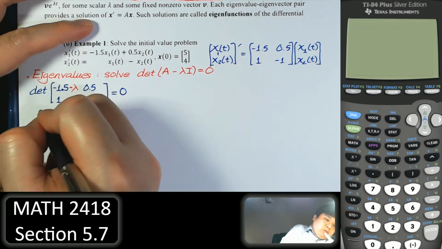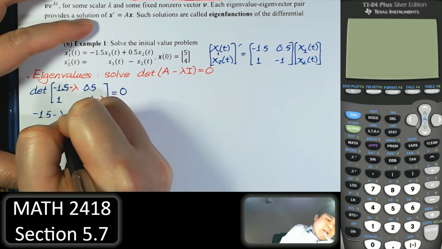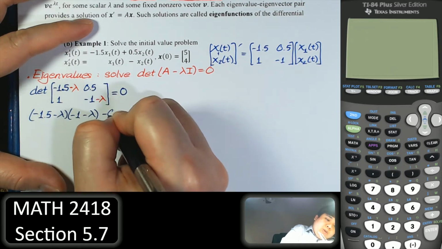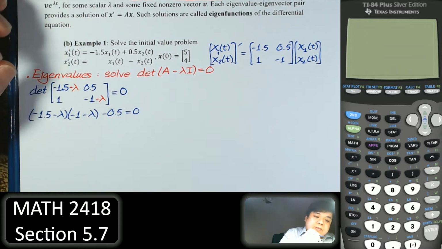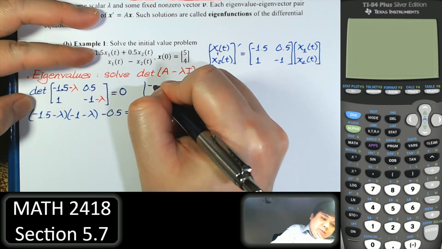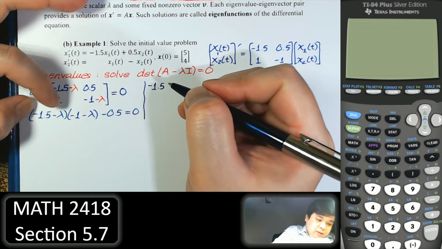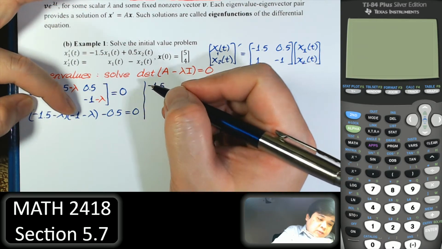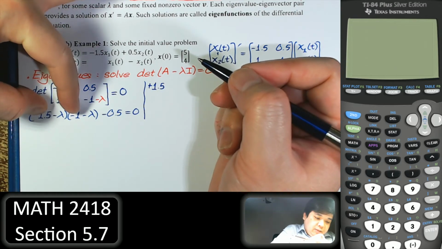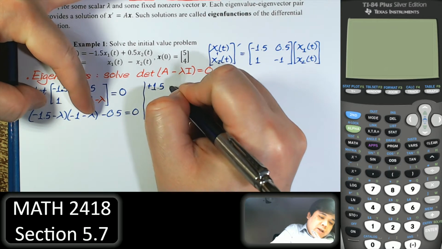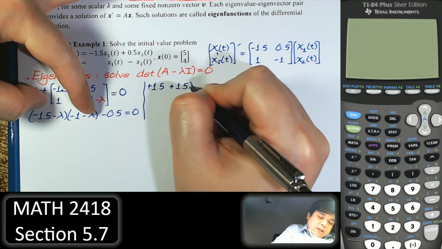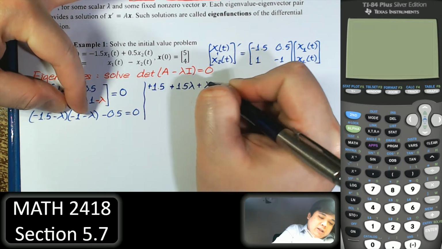So multiply this: (-1.5 minus lambda) times (-1 minus lambda) minus 0.5 equal to 0. Multiply this out: -1.5 times -1 is 1.5, plus 1.5 lambda plus lambda plus lambda squared.